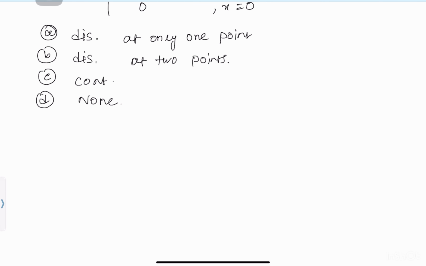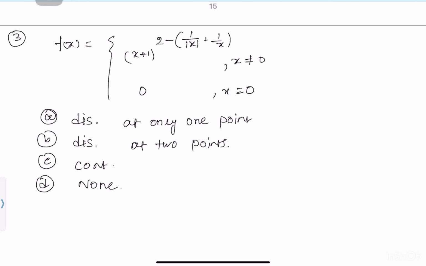Okay, look here in this question, the function changes its value at x equal to 0. That means the function can give you a discontinuity only at x equal to 0. Otherwise, a function like x to the power something is continuous everywhere.